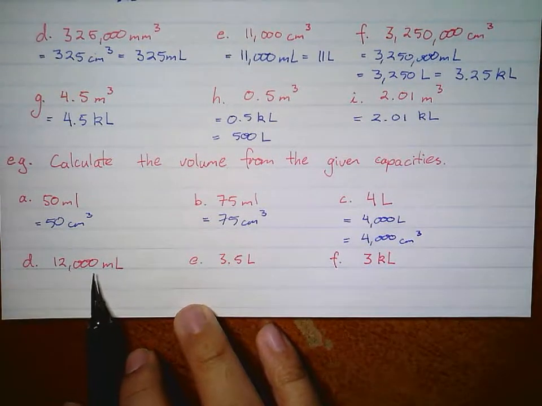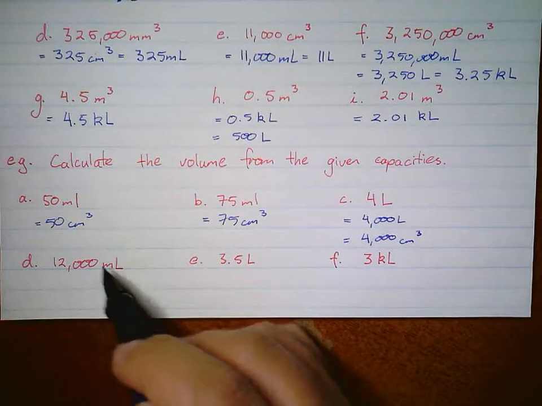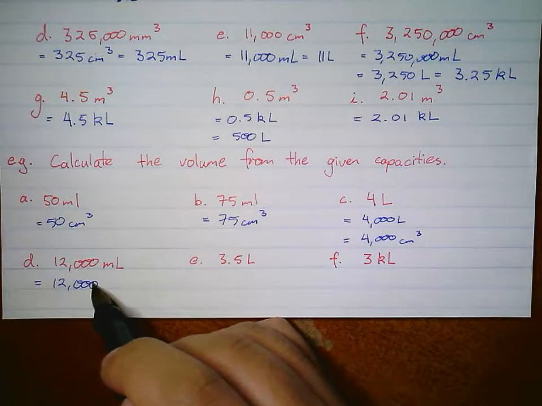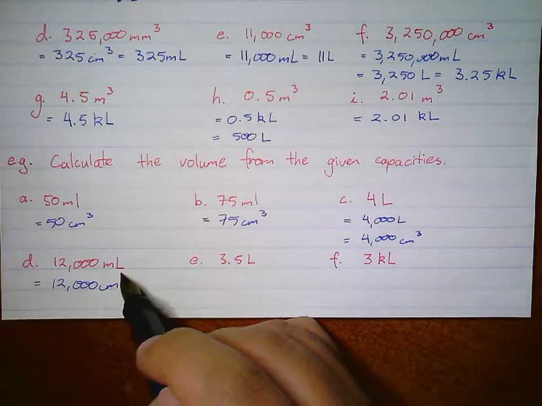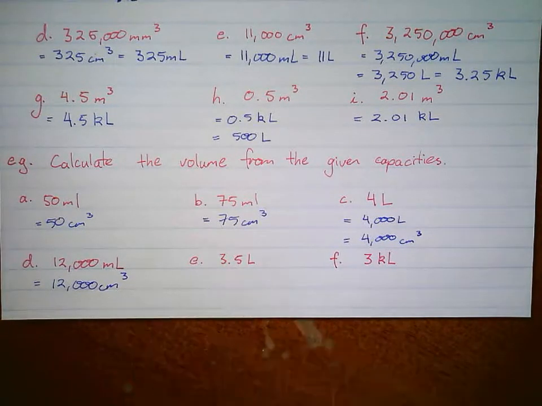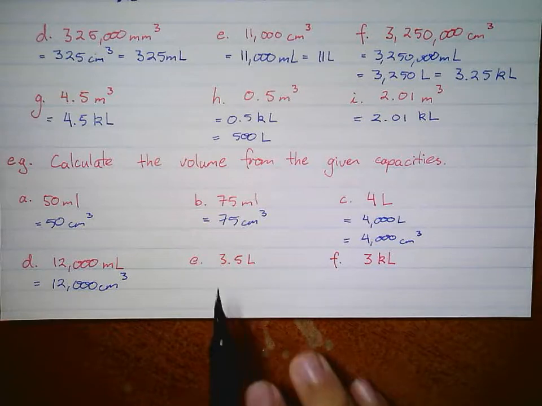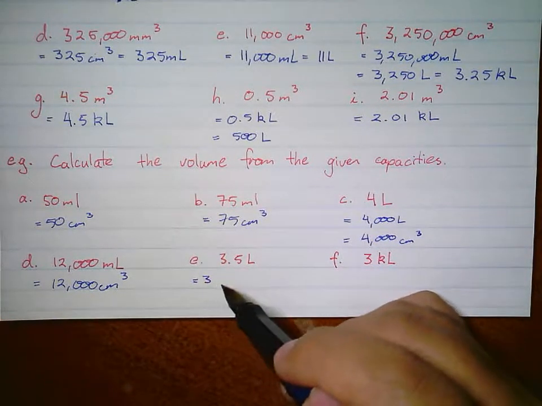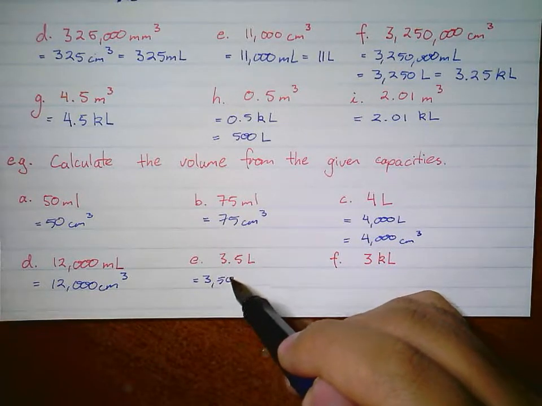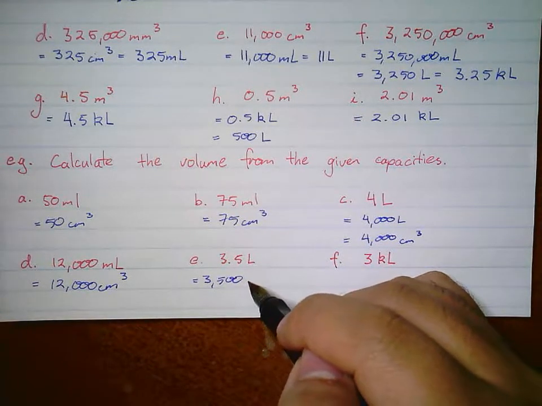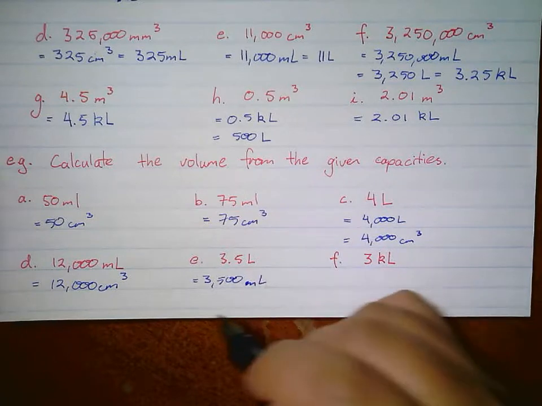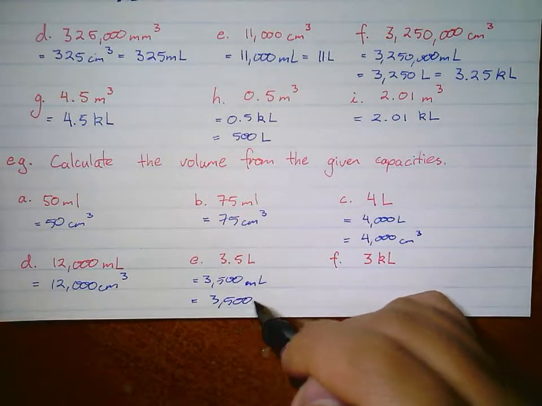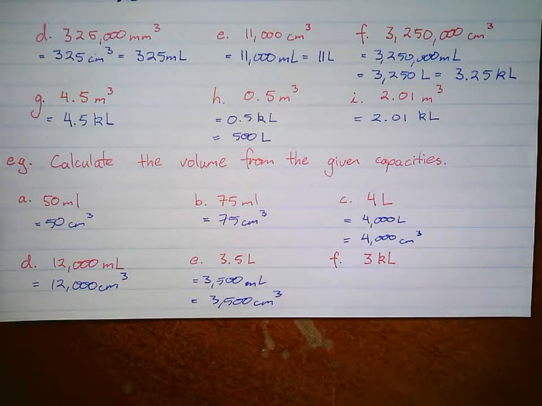Same thing. Now we can convert these into 12,000 centimeter cubed. 3.5 liters is actually 3,500 milliliters, which gives us 3,500 centimeter cubed.